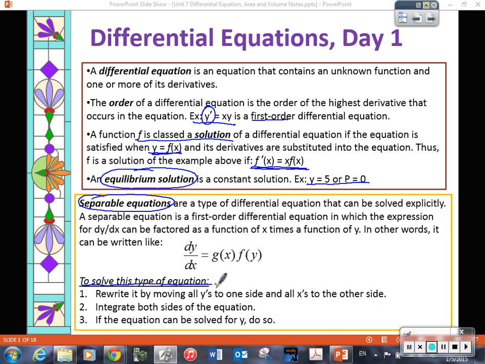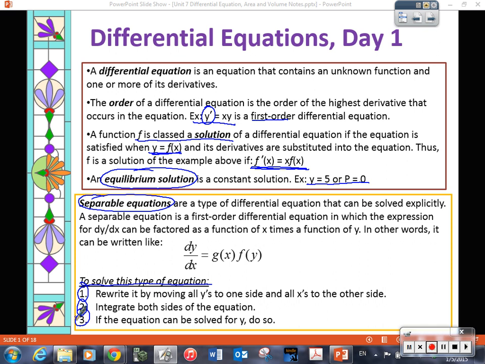The first thing that you would do is rewrite the equation by moving all the y's and the dy to one side and all the x's and the dx to the other side. Then step 2 would be to integrate both sides, and step 3 would be to solve for y if possible.